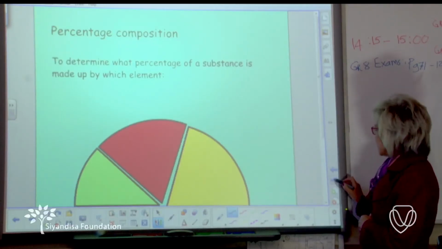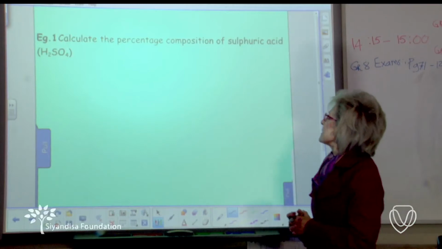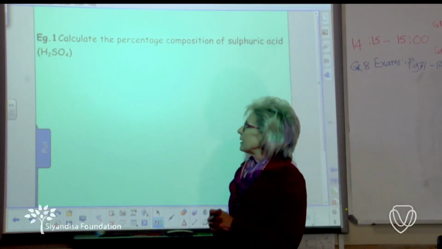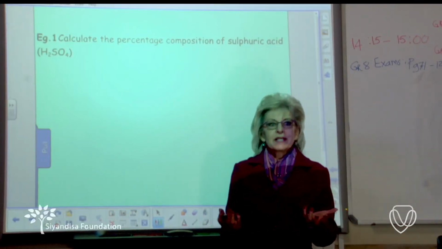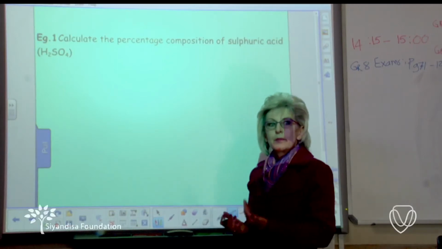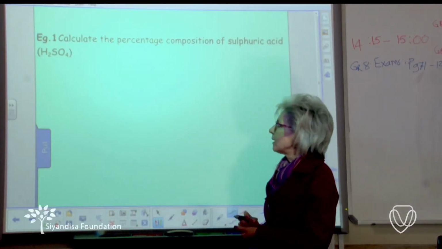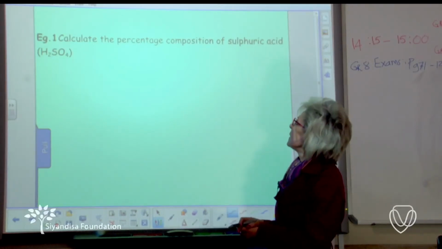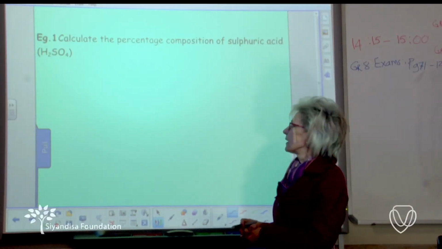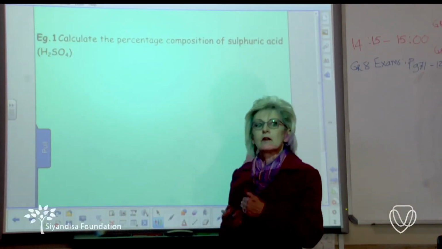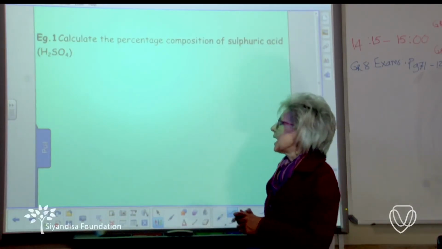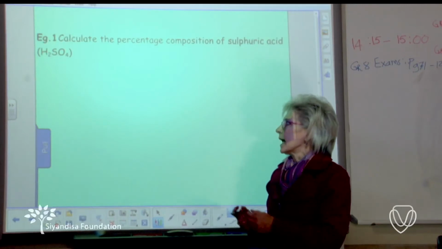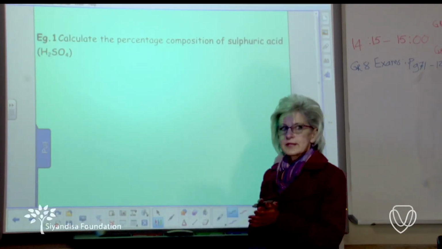Right, the percentage composition. This is simply where we now calculate what percentage of each element will appear in a compound, and the questions vary. So for instance, for the percentage composition of sulfuric acid, we basically now do the reverse of the empirical formula. So now we are given the formula, and we want to go back and determine the percentages.